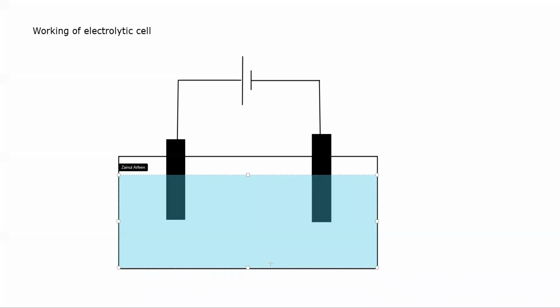The small line is representing the negative terminal and the big line is representing the positive. So this one is the positive terminal, this is negative. Let me label A, B, C, for example, and there is another one, D as well.